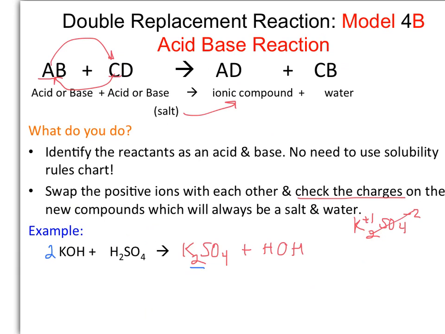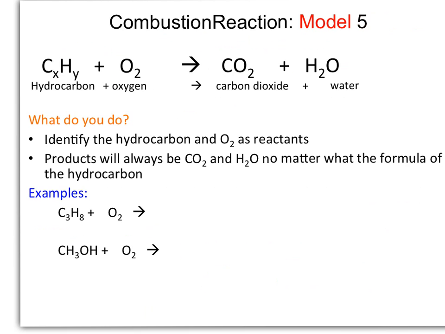I need to put a 2 over here to make those equal. That gives me 2 hydroxides. Over here I only have 1, so I'm going to put a 2 here. That then gives me 2 hydrogen, which I have over here, 1 sulfate on both sides, now makes it balanced. Notice that this is the salt, the ionic compound, and the water. There's no need to use the solubility rules chart.